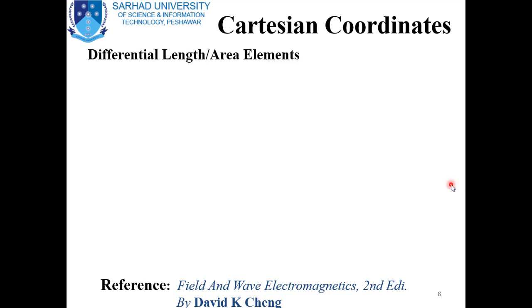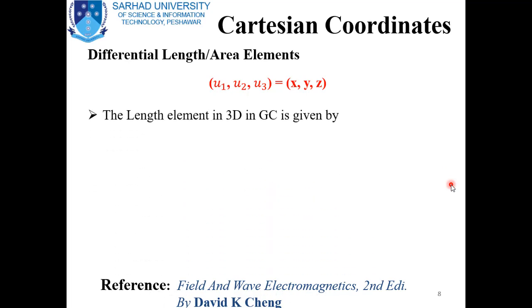After discussing the product of vectors, now we will discuss the length and area elements in the Cartesian coordinates. So we will take u1, u2 and u3 equal to x, y, z. The differential length element in the generalized coordinates is given by dl equal to au1 h1 du1 plus au2 h2 du2 plus au3 h3 du3.